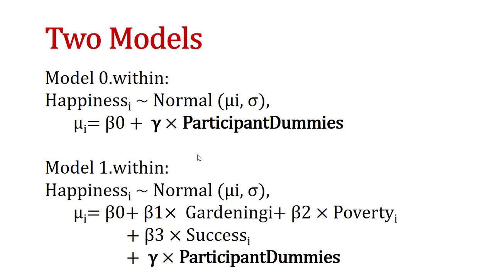Now, each participant is a unique case of the variable participants. So it is like a nominal variable. We can call it participant 1, participant 2, participant 3, but these are not numbers. It's just a code. So basically, each participant is a category within a nominal variable.